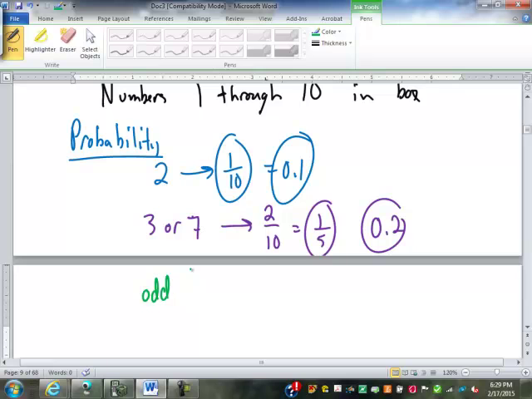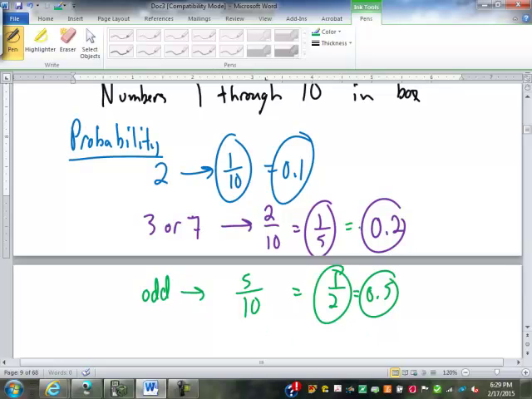Odd, of course, 1, 3, 5, 7. How many odd numbers are in that box? 5 out of 10 total. So that's 5 out of 10 or 1/2 or 0.5. Or as a decimal. Not so bad? Okay.